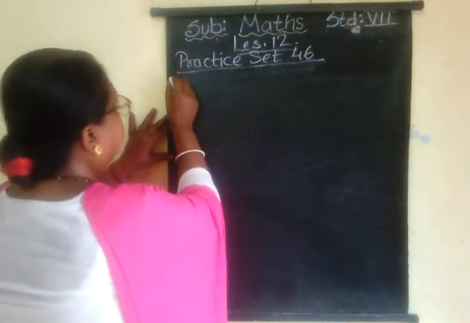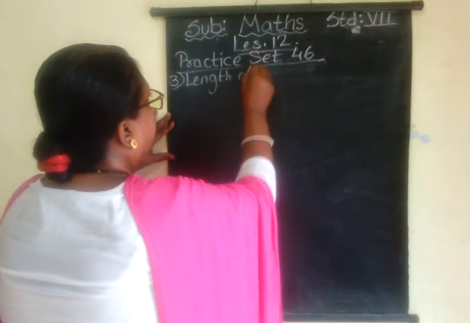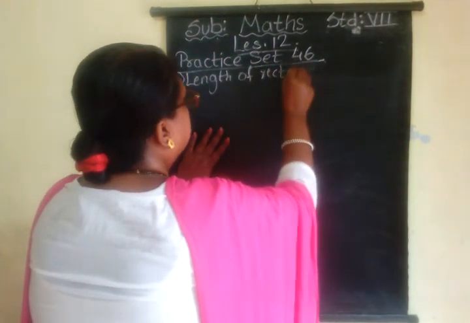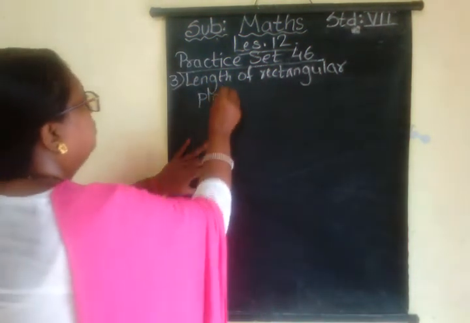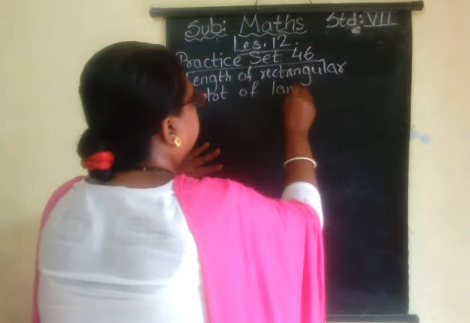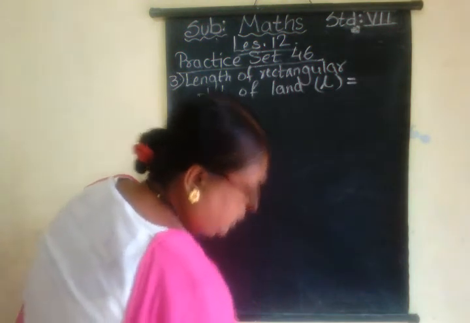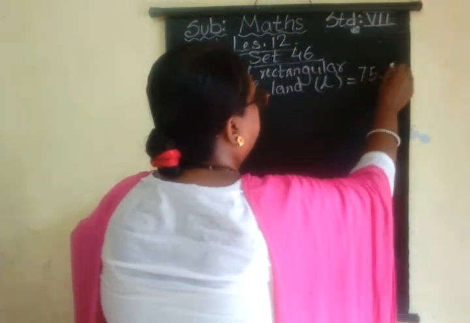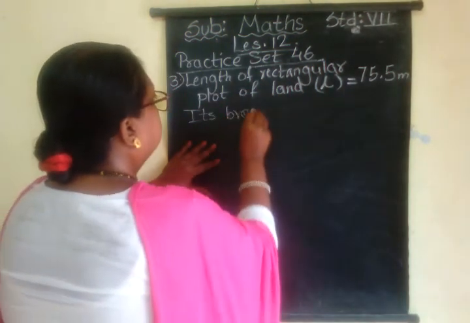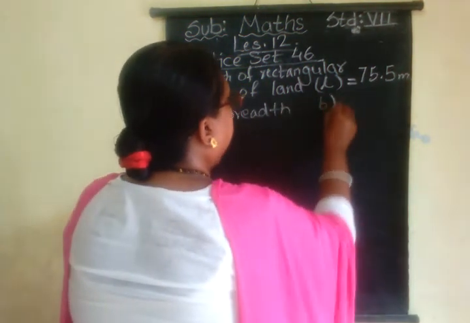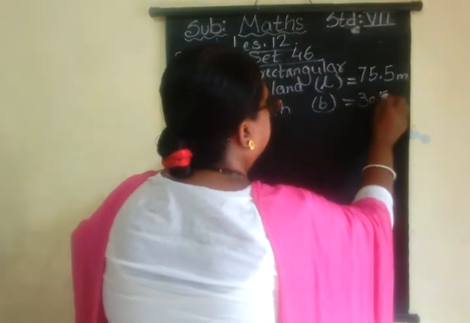So first we'll write down sum number 3. Length of rectangular plot of land L is equal to, how much it is given? 75.5 meter. Its breadth B is equal to 30.5 meter.